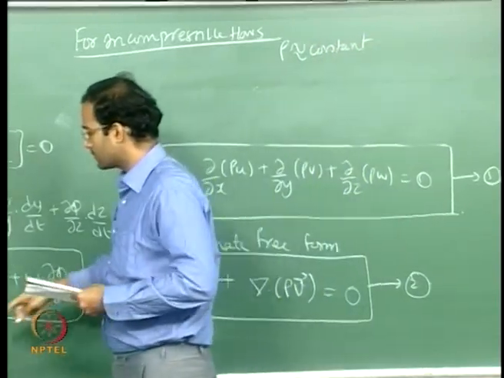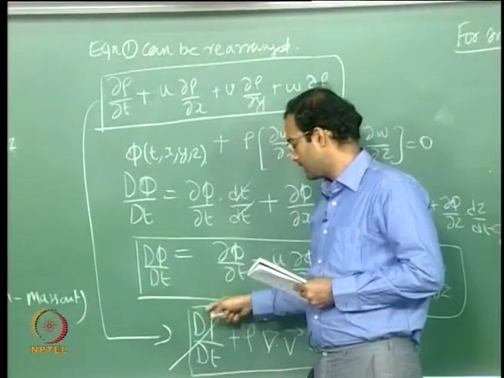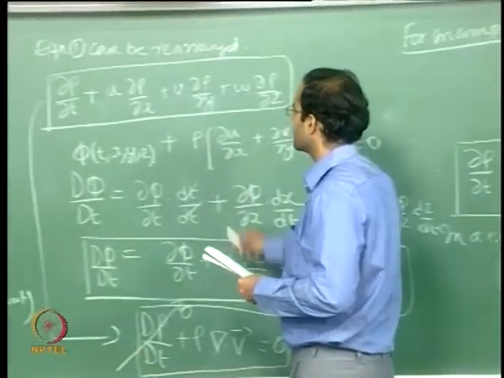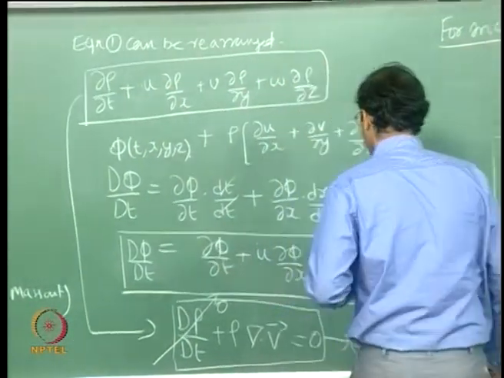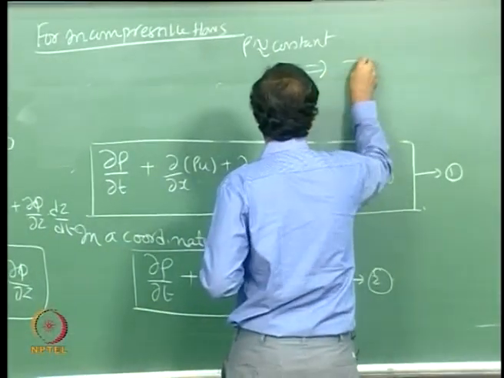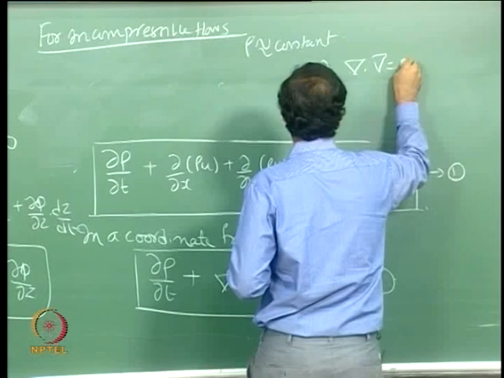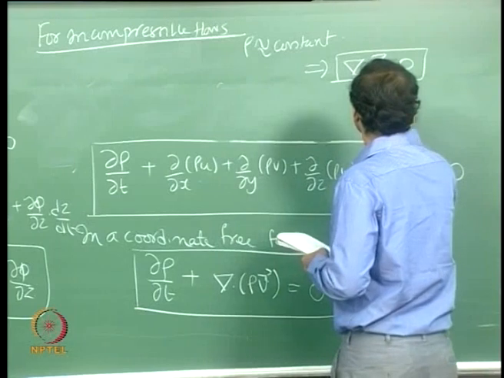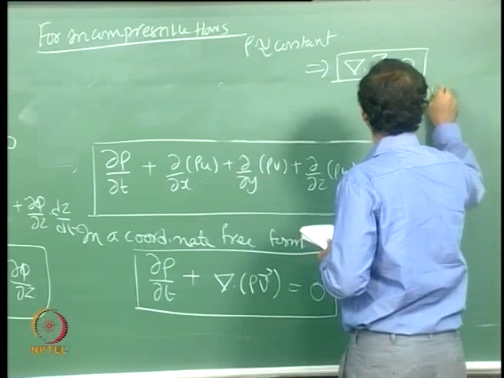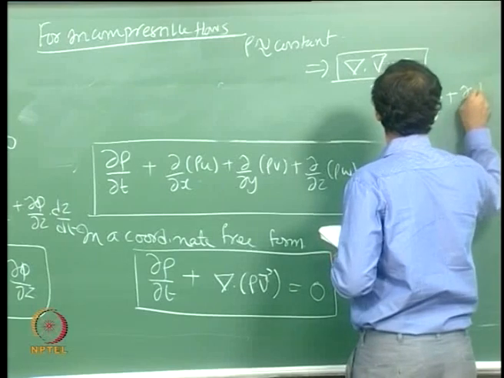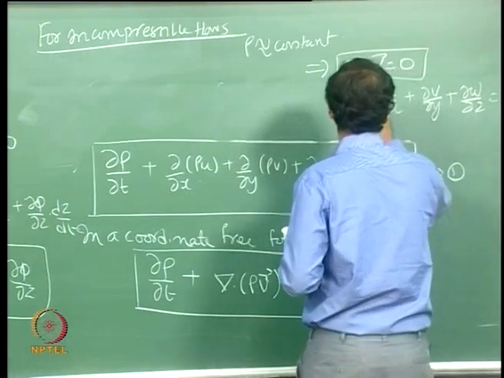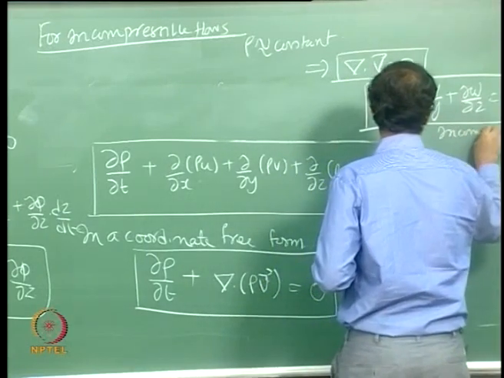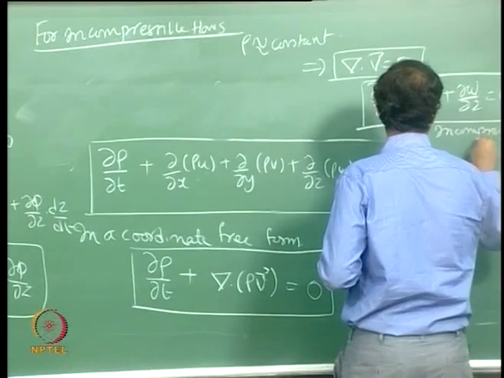In that case, even if the flow is unsteady, the total derivative will be 0 because the density is invariant of space and time, and you again get the expression that your velocity is divergence free. Or in rectangular coordinates this means du dx plus dv dy plus dw by dz is equal to 0. So this is your incompressible continuity equation.